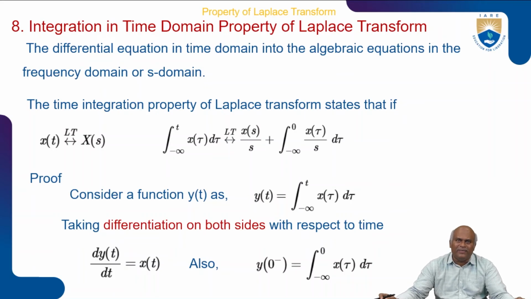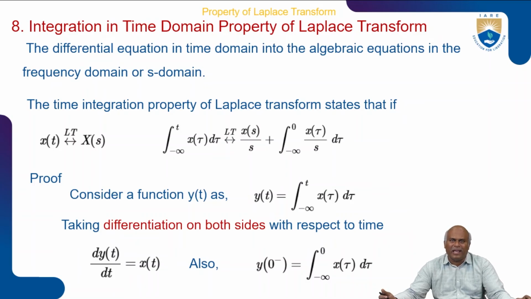I say again, the differential equation in the time domain into an algebraic equation in the frequency domain or S domain is called the integral in time domain property of Laplace transform. This means if we do the differentiation in time domain in the case of input, we get for the output also in the Laplace transform the frequency domain or S domain. That is called the integration in time domain property.